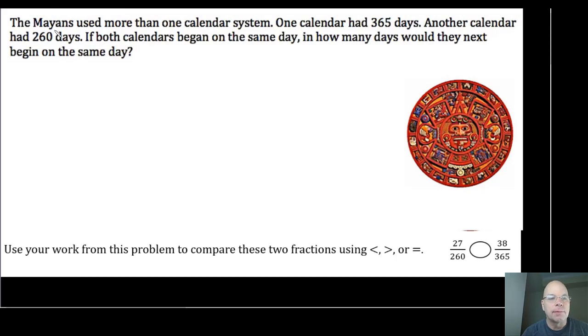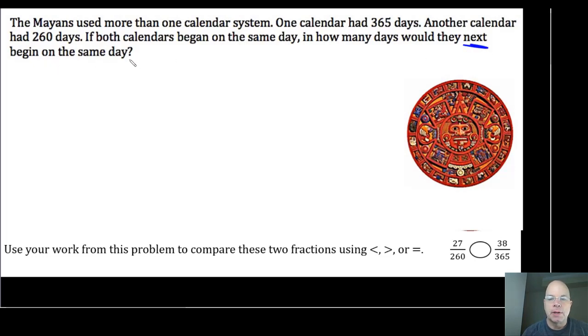Okay, the final problem. The Mayans used more than one calendar system. One calendar had 365 days. Another calendar had 260 days. If both calendars began on the same day, how many days would it be until they next begin on the same day?